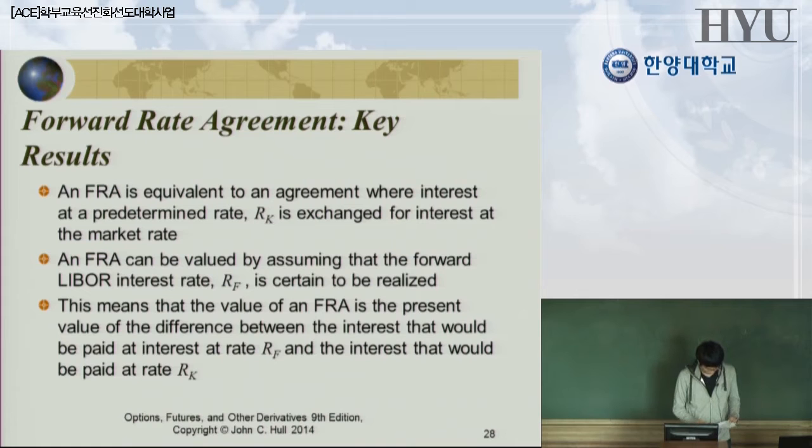Let's say that RK means the interest rate predetermined at the FRA, RF means the forward interest rate for the T1 to T2 period calculated today, and RM means the actual LIBOR for the T1 to T2 period at time T1. The value of the FRA is the present value of the difference between RF and RK.